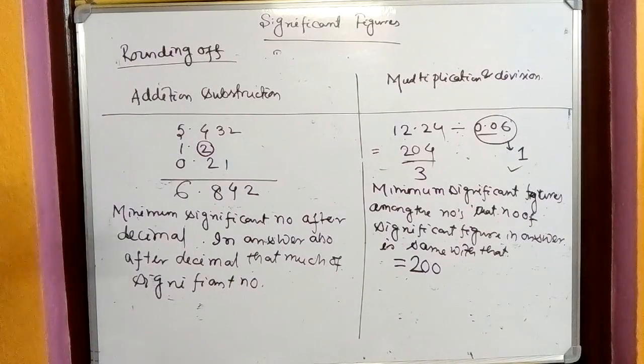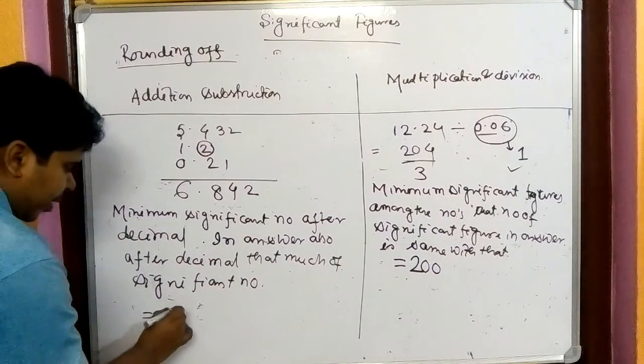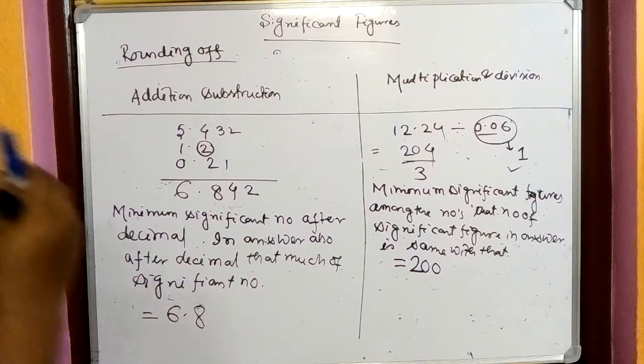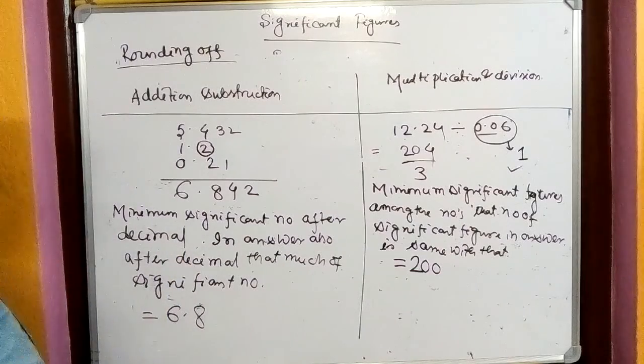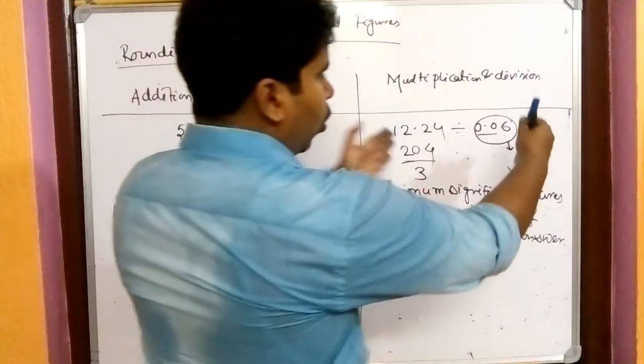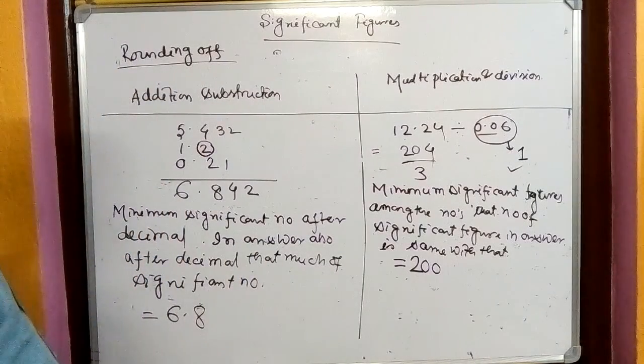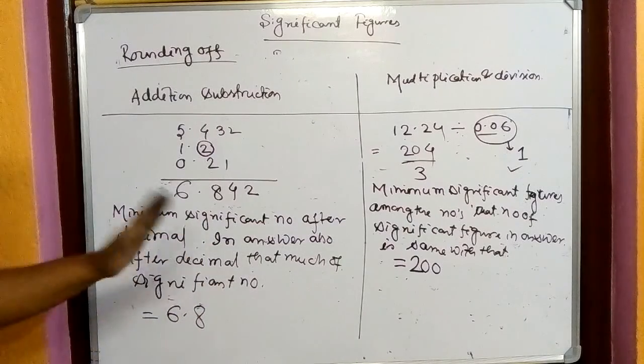So here after the decimal one significant number is for 1.2, and the answer should be 6.8. This 4.2 we will not take, because after the decimal we look at the minimum significant number, not the whole number. Which one has fewer significant figures is a different matter, but here it is after the decimal. That is the only difference, nothing else.